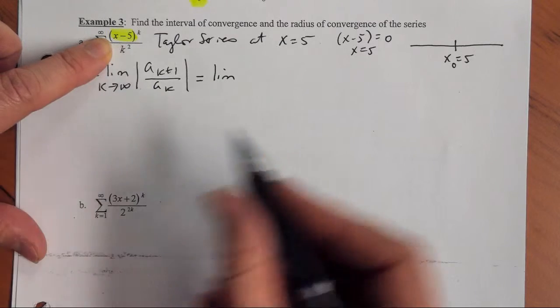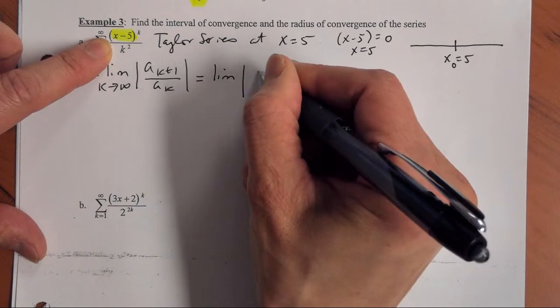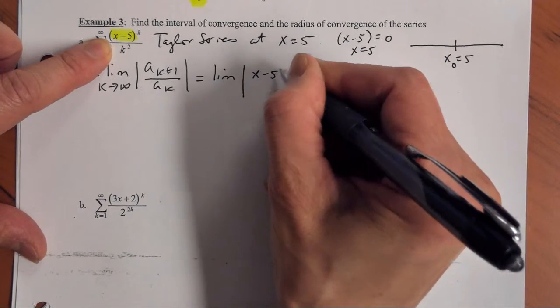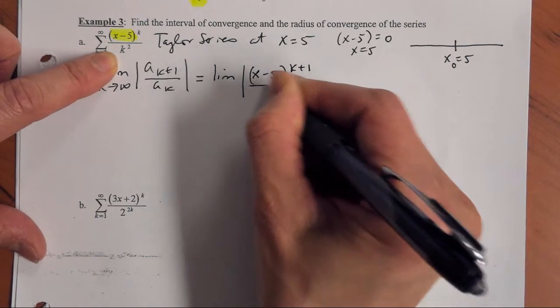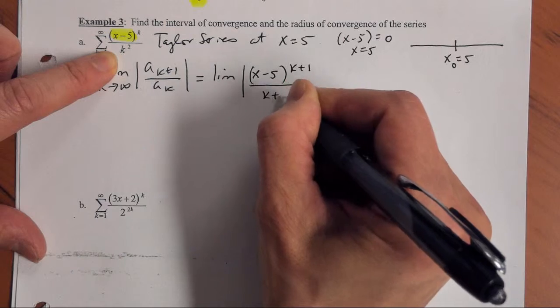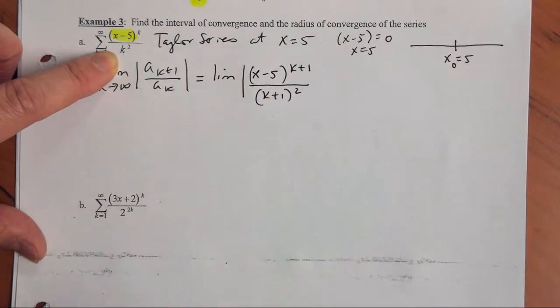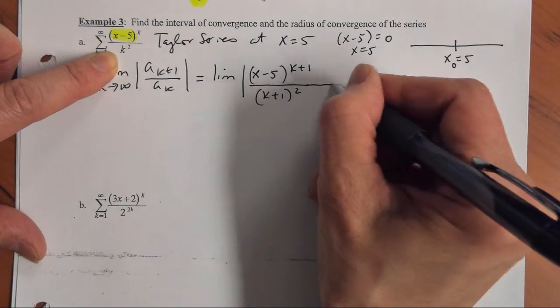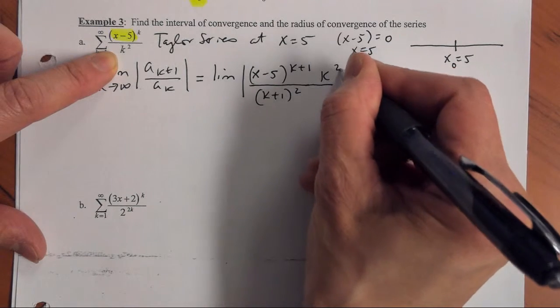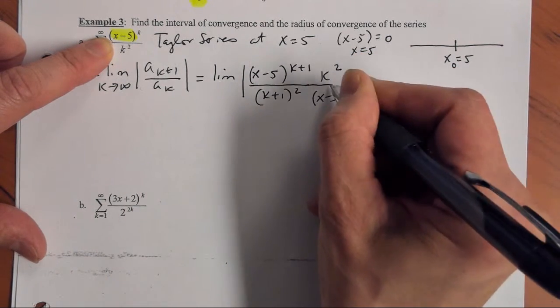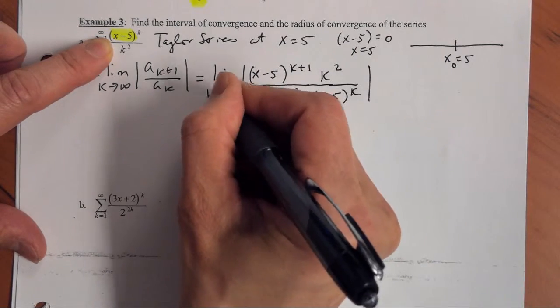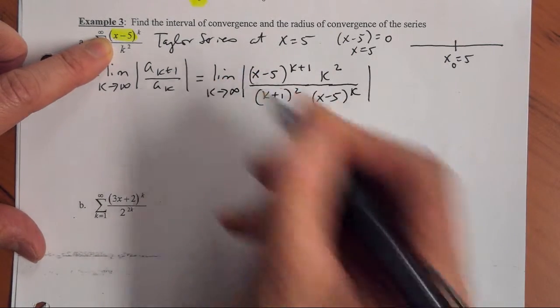X minus 5 just stays as it is, so it's the absolute value of x minus 5 raised to the k plus 1, and then the denominator, k plus 1 raised to the second power. Reciprocate, so that will be k squared up on top, and x minus 5 to the k power, absolute value, as k approaches infinity.